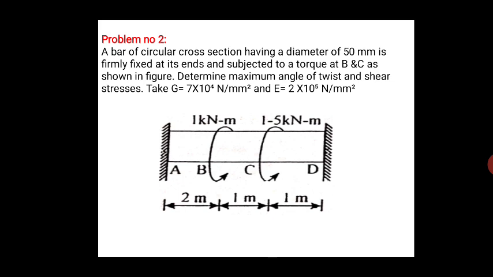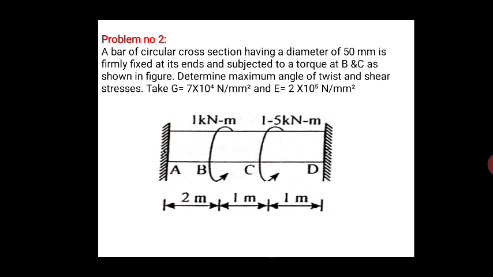Now look into the sketch here. It is a uniform rod which is having the total span length of 4 meters, and there are two torques.